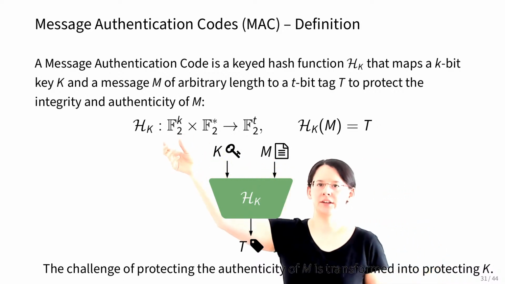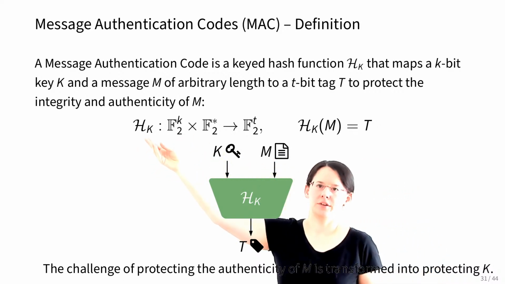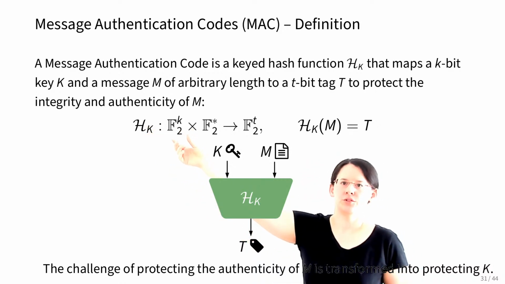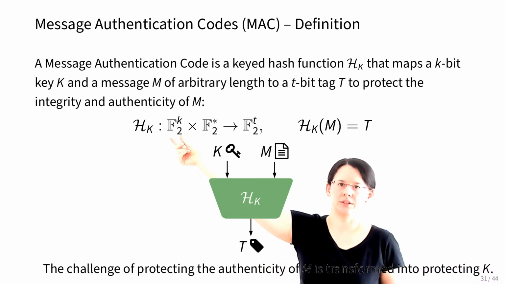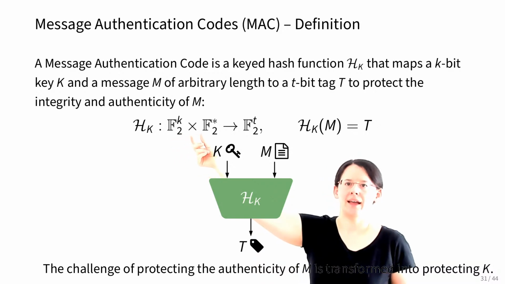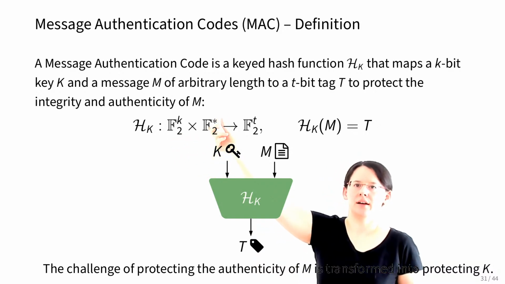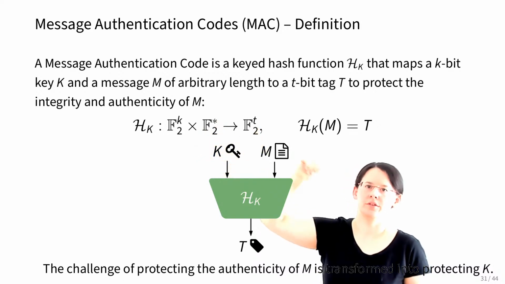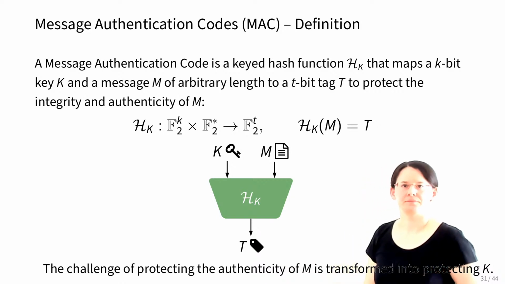So in this writing here, we have a function h_k, k is for the key, so it's a keyed hash function, which takes as input first a k-bit block, which is the key, k, and a message of arbitrary length, which is again called m. And it outputs again a tag of fixed size t.